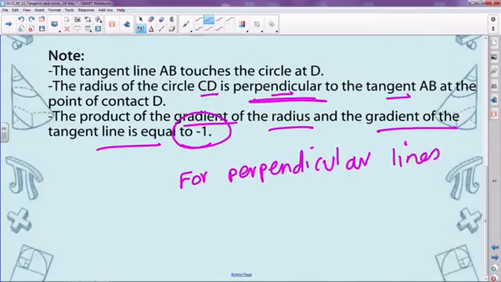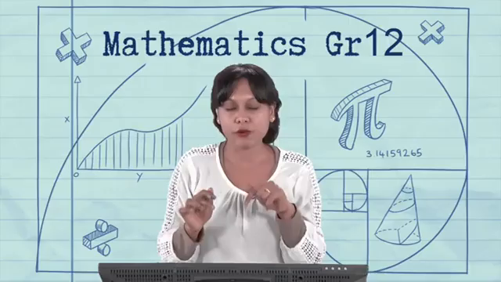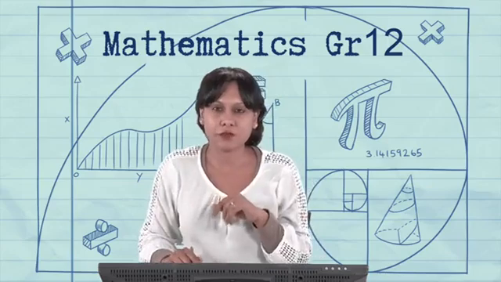So if one has gradient M1, the other one has gradient M2, well, the product of those two gradients will be -1. So what that means and how that's going to be helpful for us is if we can find out the gradient of either one of those lines, either the tangent or the radius, then we can work out the gradient of the other line.